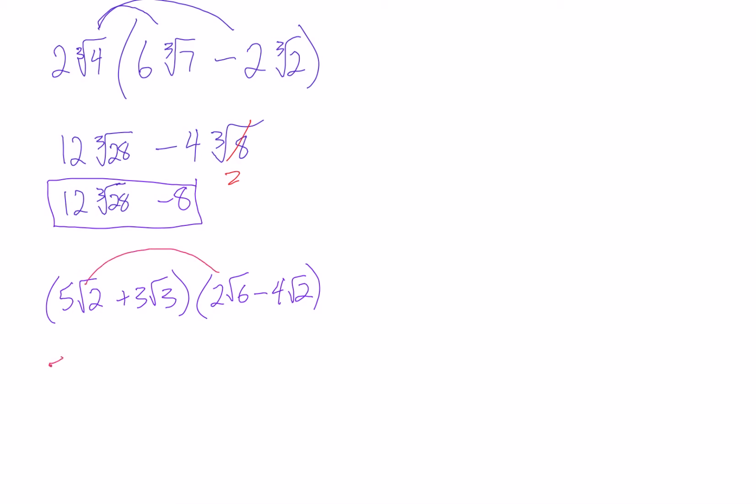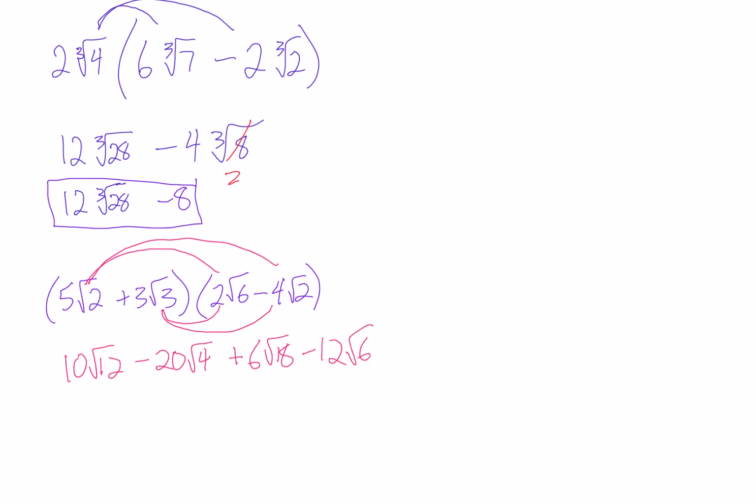So that would be 5 times 2, which is 10. So we'd have 10 root 12. Then multiply the first and the last, so we'd get minus 20 root 4. Then we've got to do the 3 root 3 times both of them, so that one would be 6 root 18. And then the last one would be minus 12 root 6.